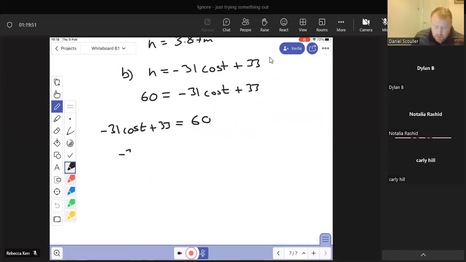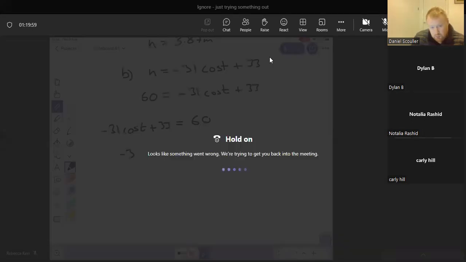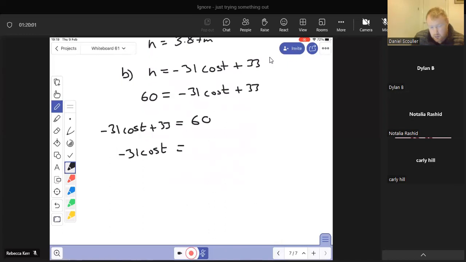So negative 31 cos t equals 60 minus 33. I'll just leave it like that. So negative 31 cos t equals 27.